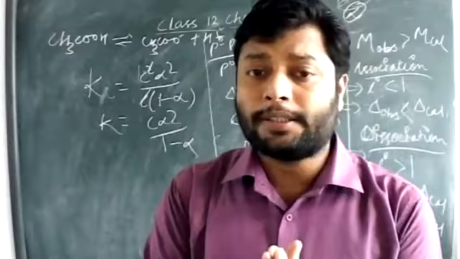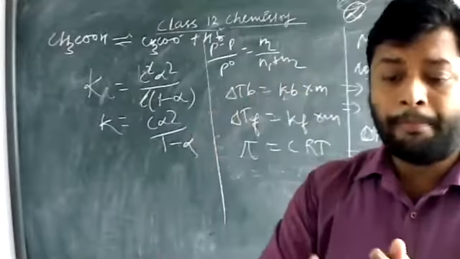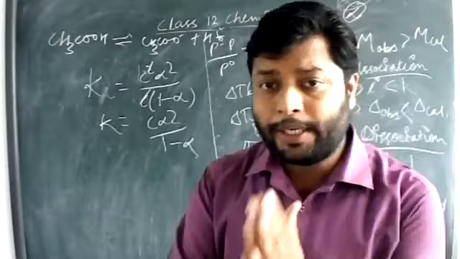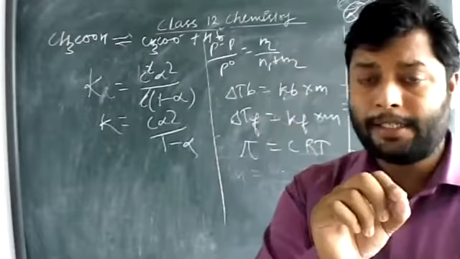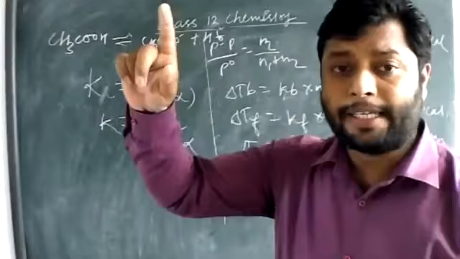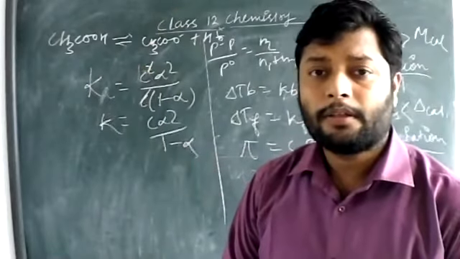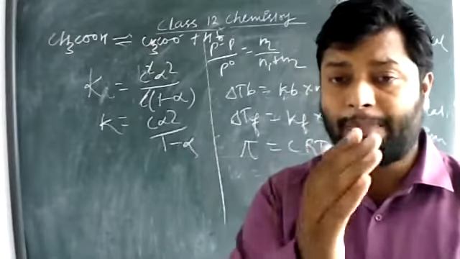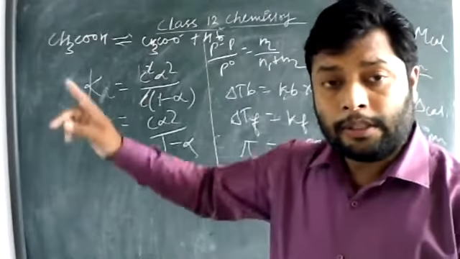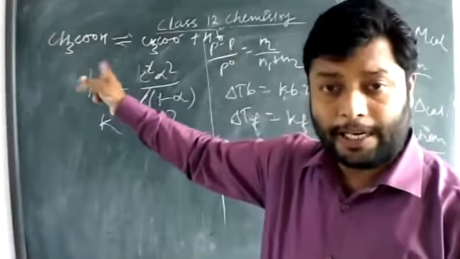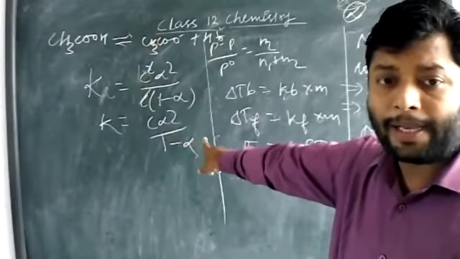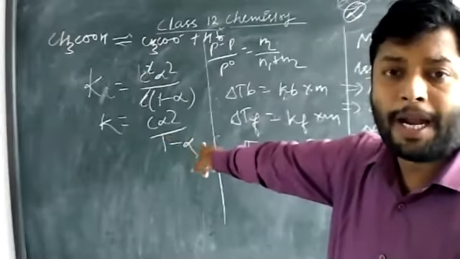Always during a calculation, keep one point in mind. If the solute is an electrolyte going for partial dissociation, like acetic acid, phosphoric acid, carbonic acid in solution, these types of solute which go for partial dissociation, the 1 minus alpha can be neglected.